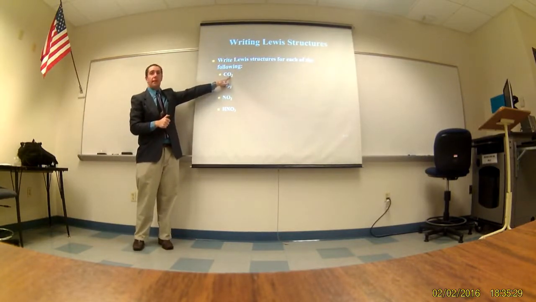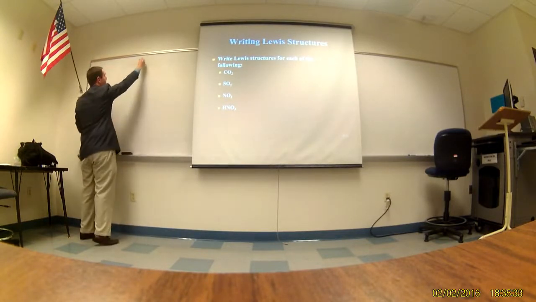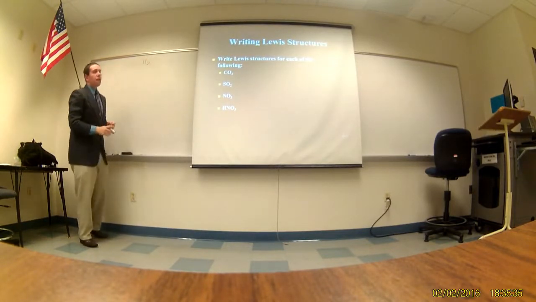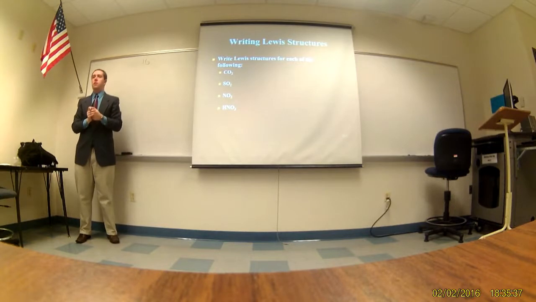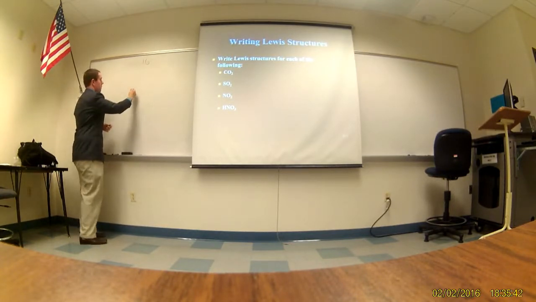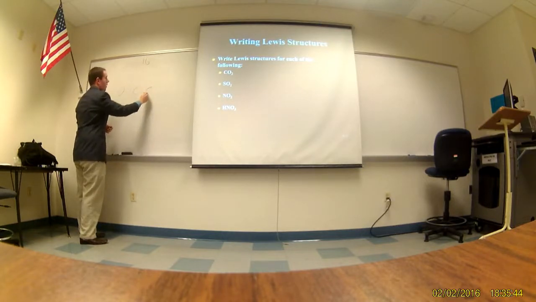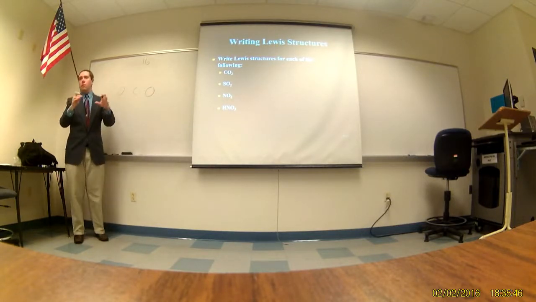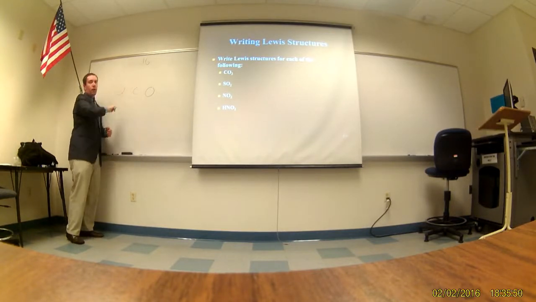Each oxygen brings 6. So we have 12 plus 4, 16. How do you think the skeleton is going to look for CO2? C in the middle, and we're going to put O's like that. In general, elements want to be opposite each other. But if you put O and O here, I'm not going to mark it.